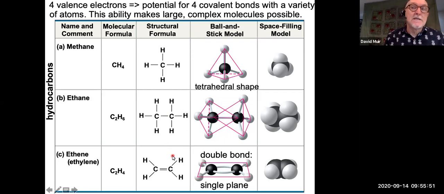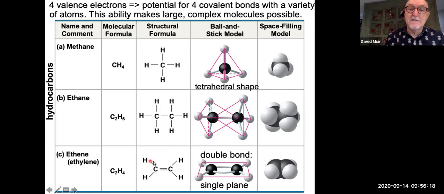Ethylene is somewhat related to ethane, but it has a double bond between the carbons. So now we want to count out how many bonds. We've got 2 to hydrogens, 1, 2, 3, 4 to this carbon. Again, 1, 2 to the hydrogens, 1, 2 to the other carbon, a double bond here.